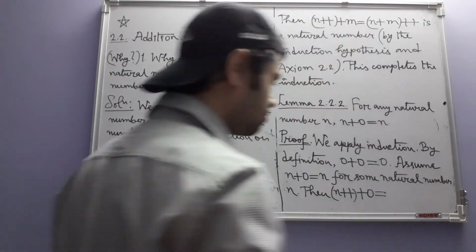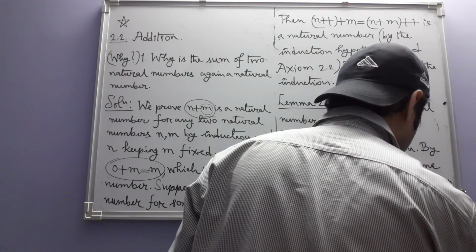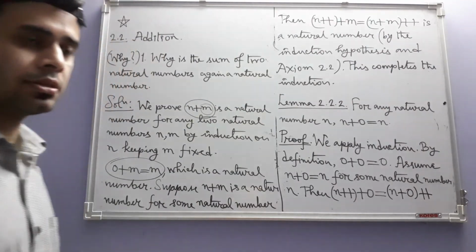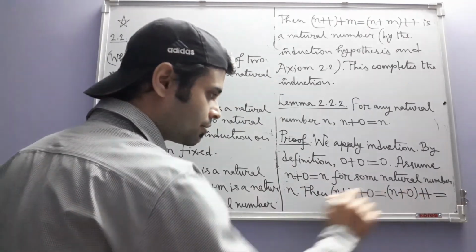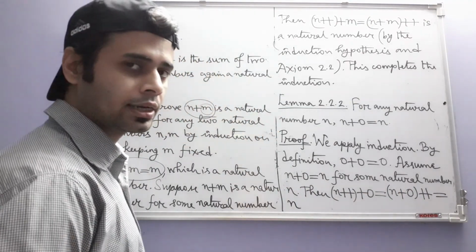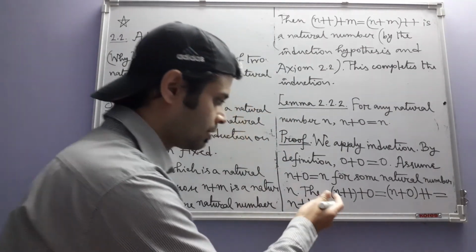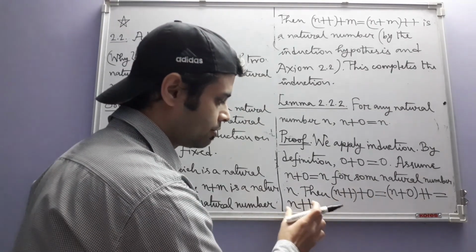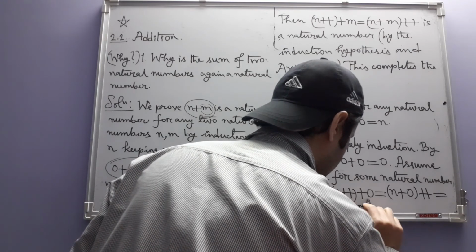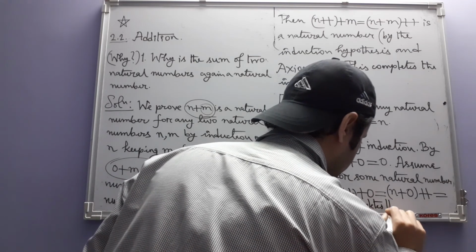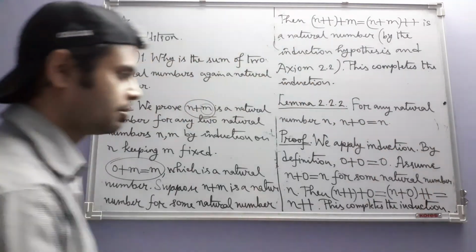But I have my definition with me, the definition of addition. By that definition, this is equal to the successor of n plus 0. Now, by my induction hypothesis, n plus 0 is equal to n. So in place of n plus 0, I can write n, and the successor is there. So that's what I wanted to show. This plus 0 is equal to this. This completes the induction. And the proof is over.